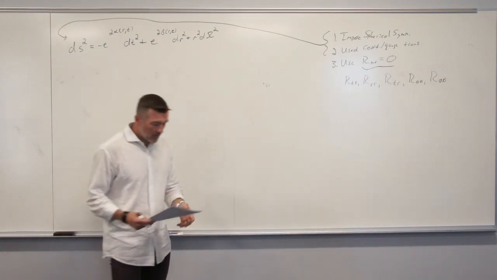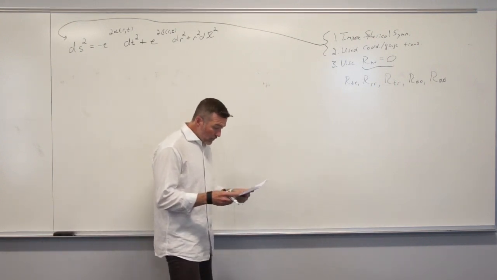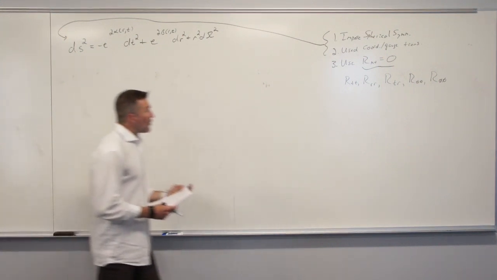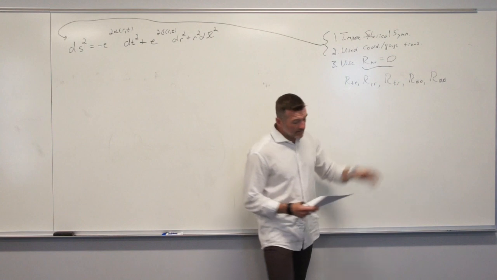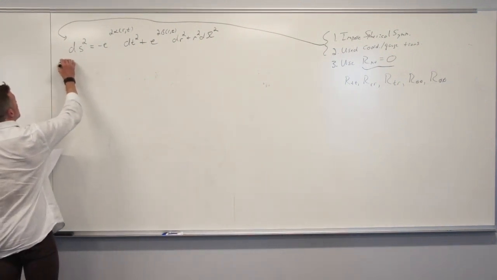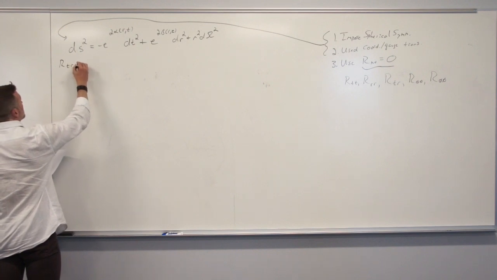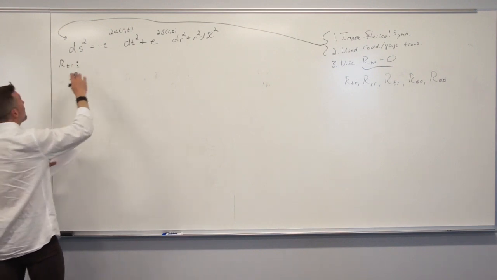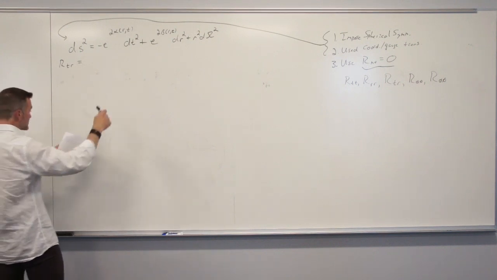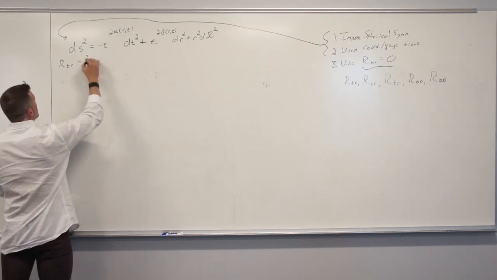All right, so now we're going to work with some of these things, and we're going to start with the RTR result. Of course this is just getting the information from Mathematica.